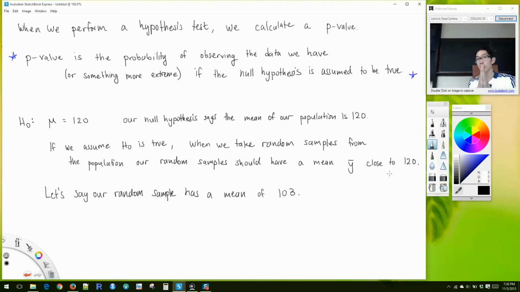So we're expecting random samples to produce means close to 120. We got something that's 17 units away from 120. So what's the probability we get 103 or something more negative? Or on the other side, it would be what? 137 or more positive.